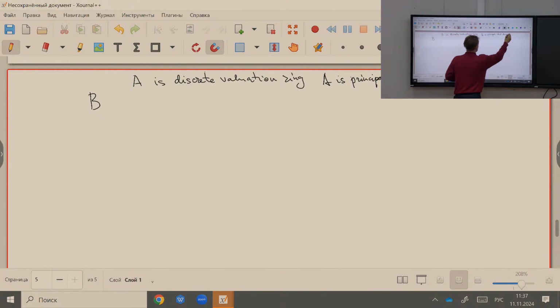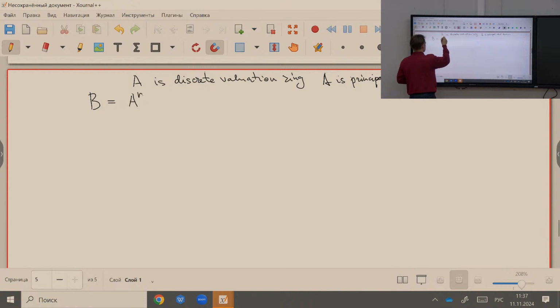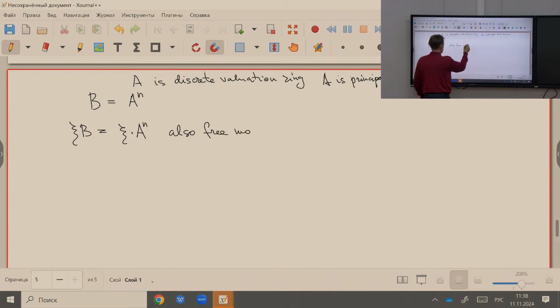So we use the following. We use that B is just A to the power n, and we consider the module psi times B. It is just psi times A^n. It is also a free module of the same rank.